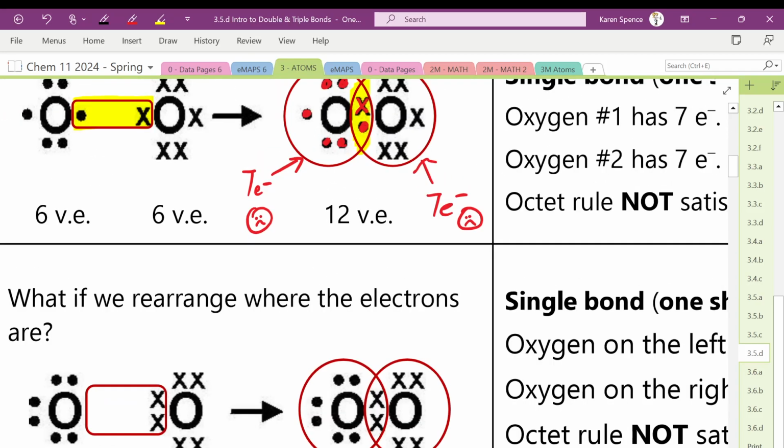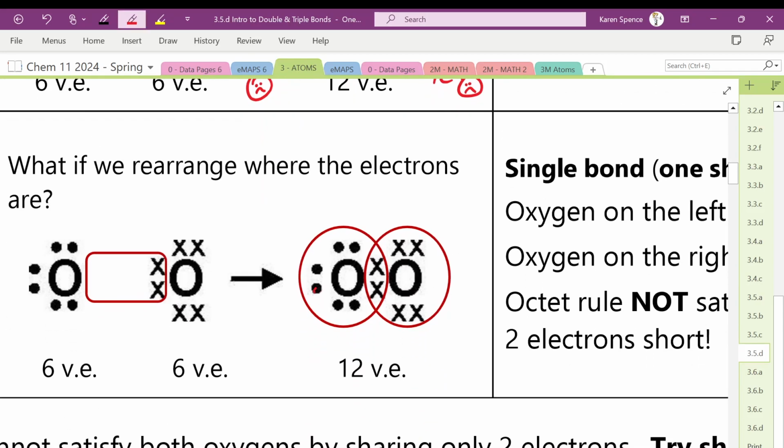Okay, so what we've done is we've taken the electron from over on this side, and we've moved it over here. Well, that makes this one okay. I got 1, 2, 3, 4, 5, 6, 7, 8. So this one's happy.